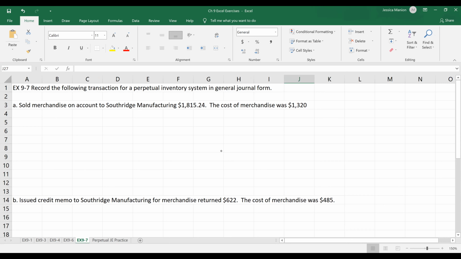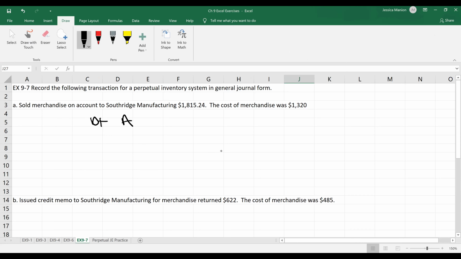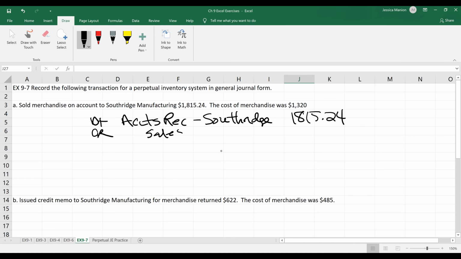So the first one, we would debit accounts receivable for this customer, Southridge, 1815.24. We would credit sales revenue. So that's the first one, to record the sale.